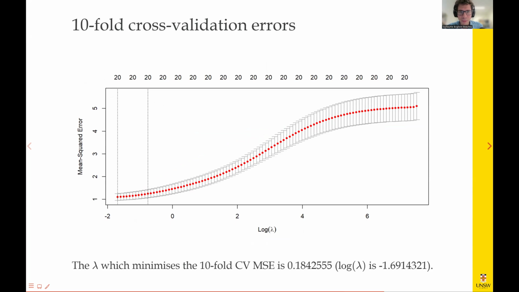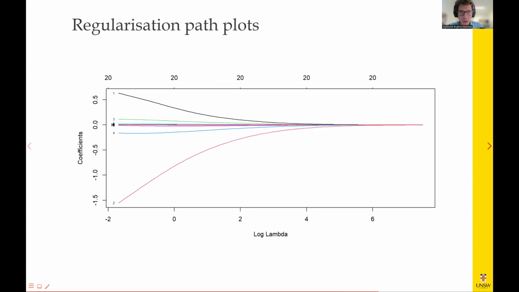Okay, so now, I forgot, this is what's presented already here. How do you pick the optimal lambda that will yield the best predictions for your lasso or ridge model?